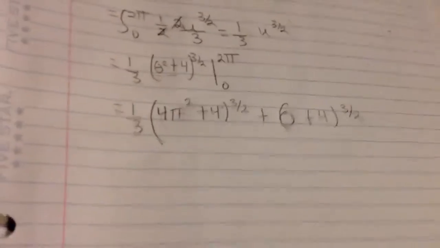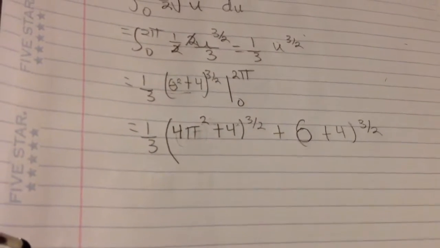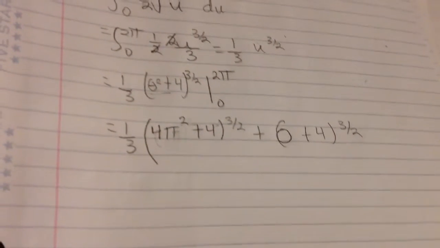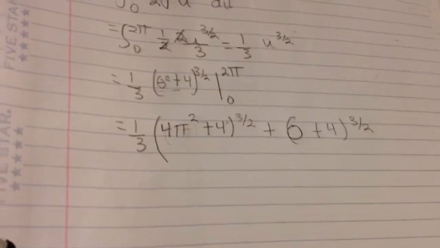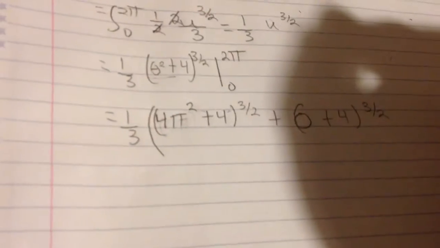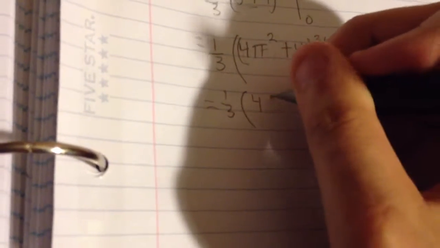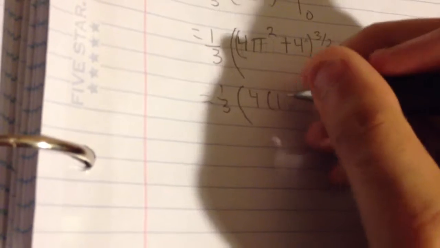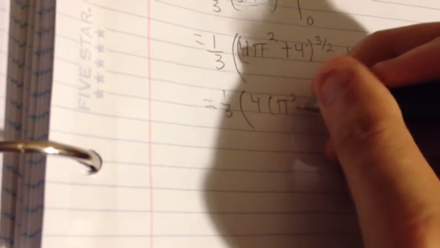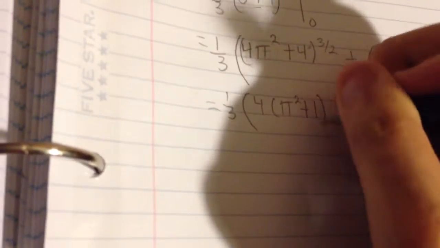Now, when you take a look at this, as I bring it out a little bit, you can see that you can factor out a 4. This becomes pi squared plus 1.